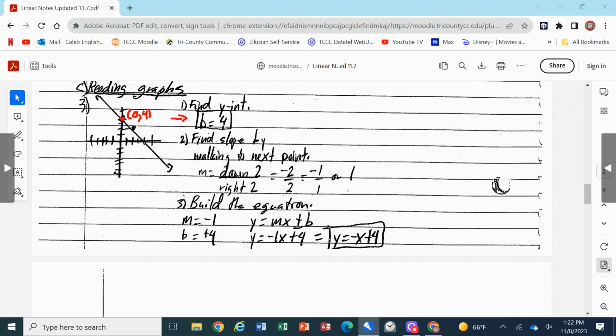Now sometimes walking the slope to find the next point, it might not be a point that's actually on there. By point, they mean literally anywhere on that line, because that line is made up of a multitude of points. If they put this on a grid, what you're looking for is where the line crosses intersections of boxes or corners of boxes, because that means that both of the ordered pairs will be a whole number.